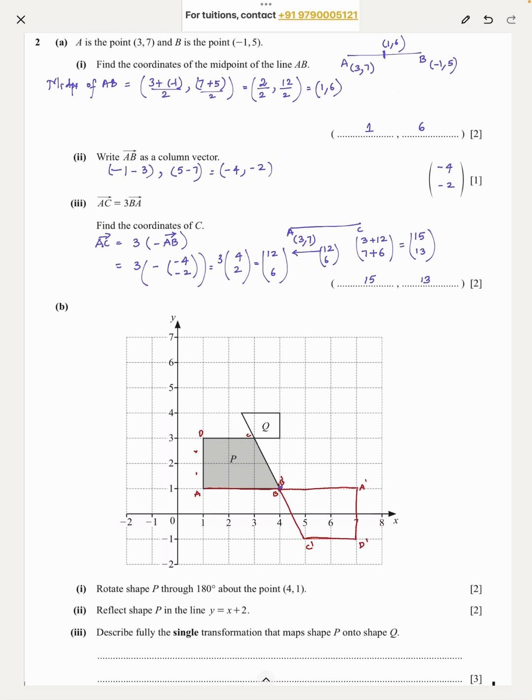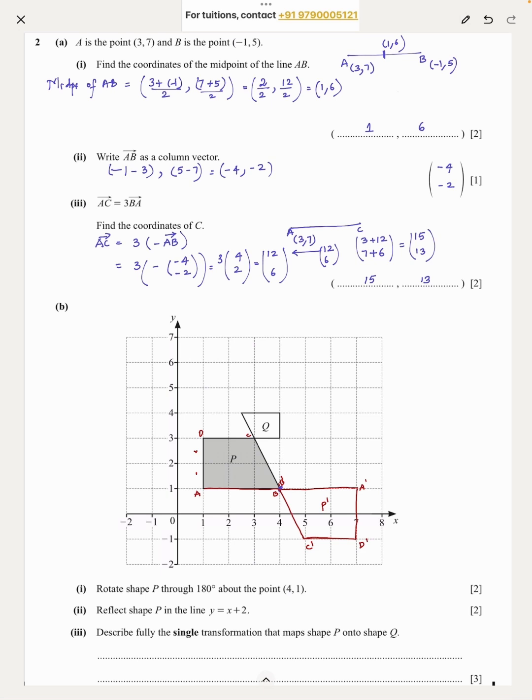So after rotating P, I get that P dash. Let me name it as P dash. They were never asked to name it here, but I'm just naming it. So I have rotated this P in 180 degree, right? So the coordinates of this, let me quickly make it.